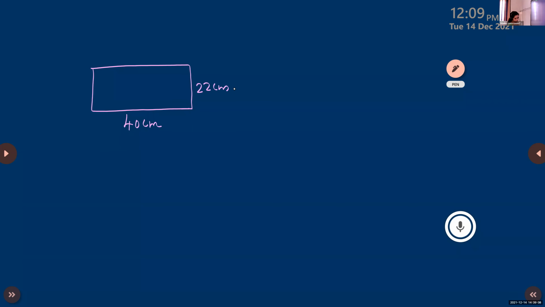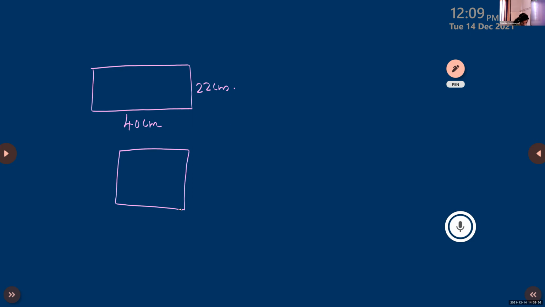These are the measurements given. The rectangle is made with the wire. And after some time, the same wire is rebent. Rebent means bent once more. It is again bent to form a square.